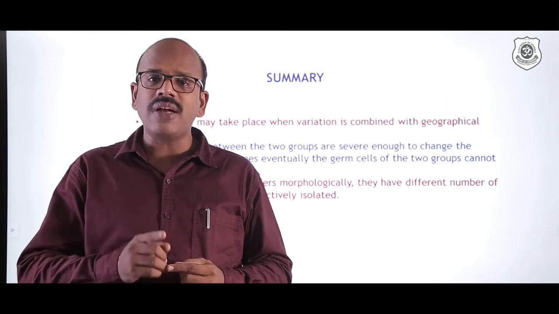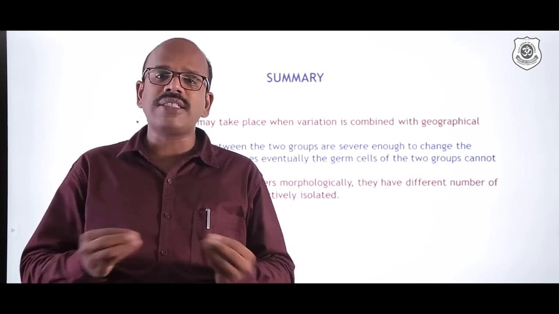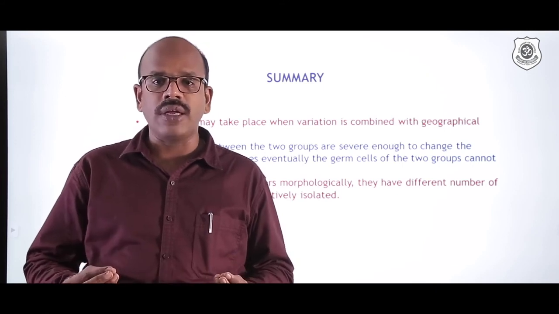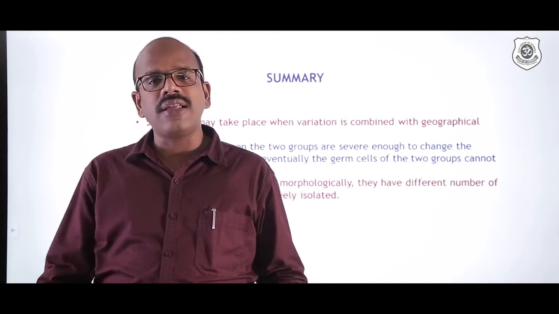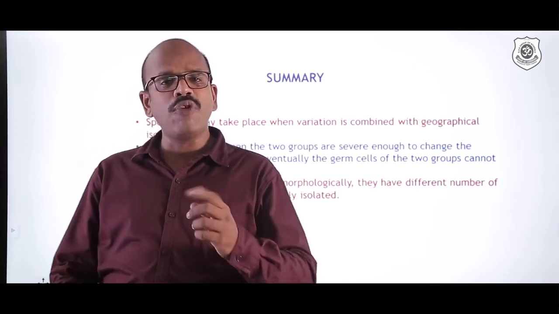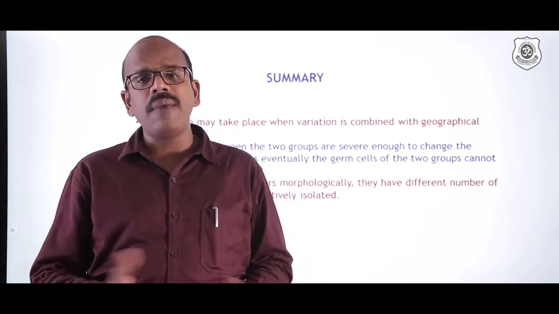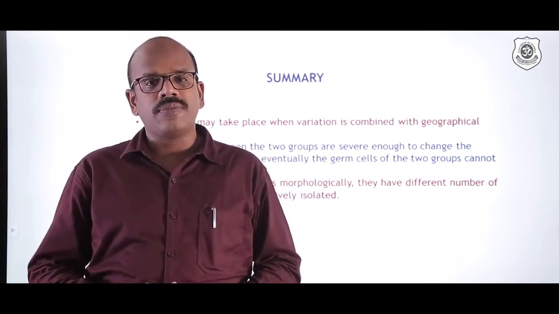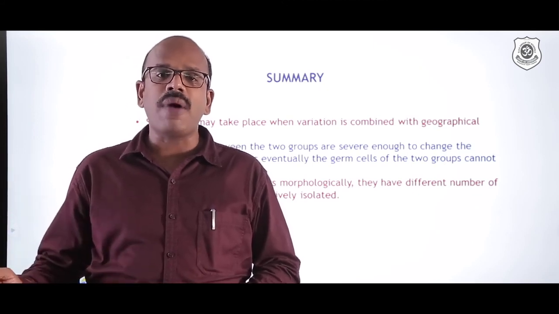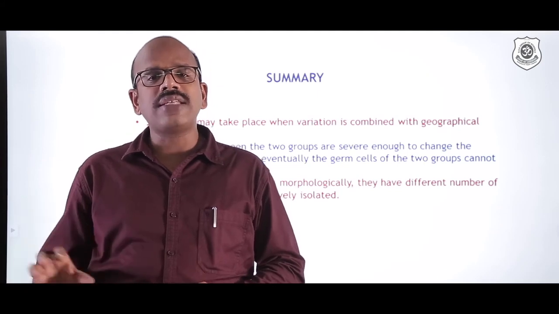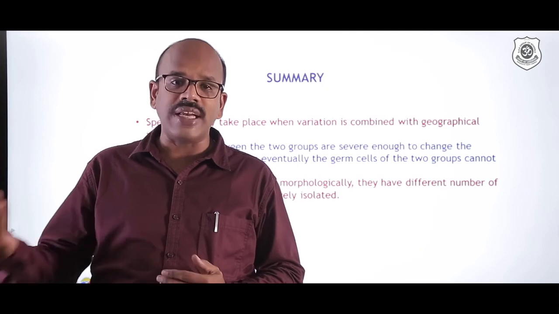When it happens, the gene flow is limited. But even with limited gene flow, some amount of genes can get shared among the population. It can happen even in the beetle, and you can also see it in real-time experience. I will give you an example. If you take people in the northeast, in Mizoram, Assam, and Nepal, you can see they all have a Mongoloid face, which is very close to that of Chinese.